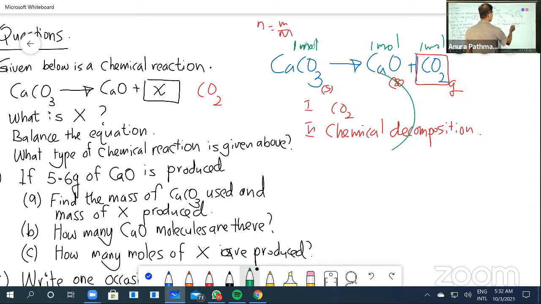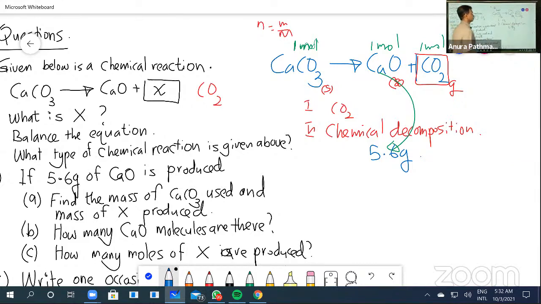It produces 5.6 gram, right? Find the mass of calcium carbonate used and mass of X produced.